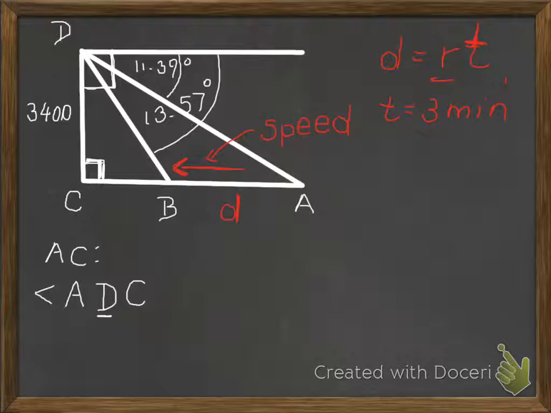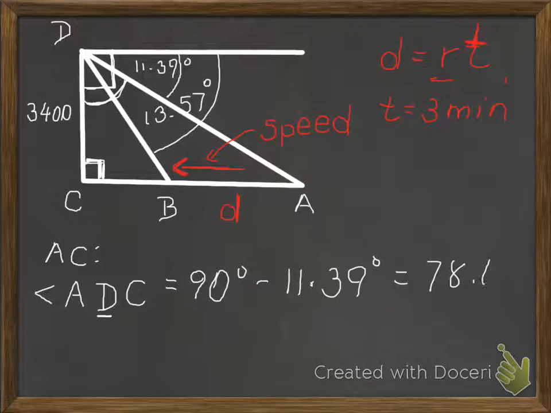So to get angle ADC, which is this angle here, subtended by A and C, we need to take the full 90 degree angle minus 11.39 degrees, and we get 78.61 degrees. So that is angle ADC, which we're going to use to find side AC.